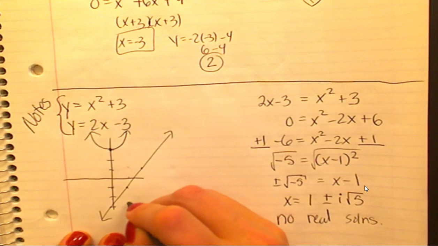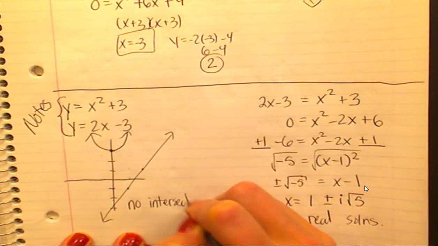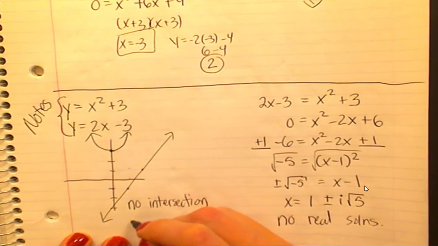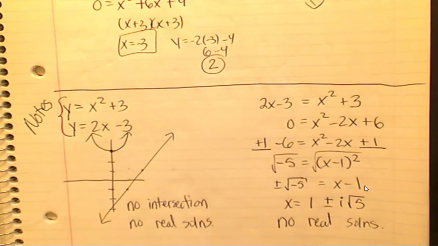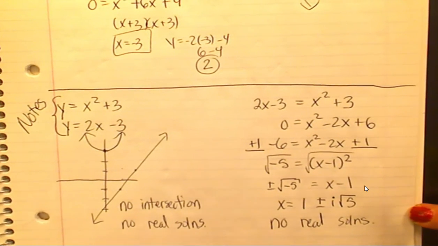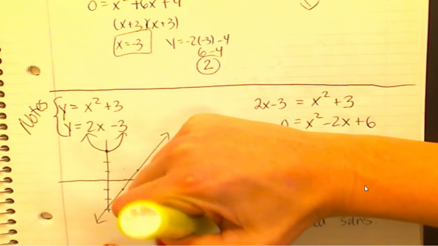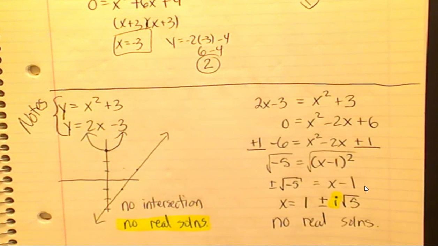Okay, so we say no intersection, which means no real solution. That is your answer. So now you can see it graphically and you can see what happens algebraically. That is the connection between the two. Your answer is no real because you got an i. No points on the graph where these things touch each other.